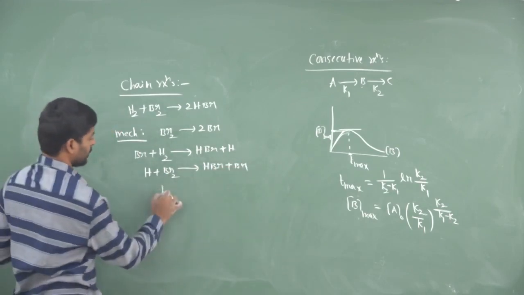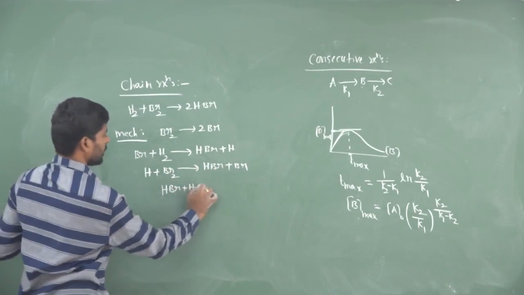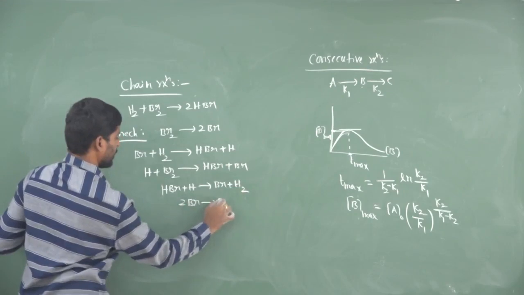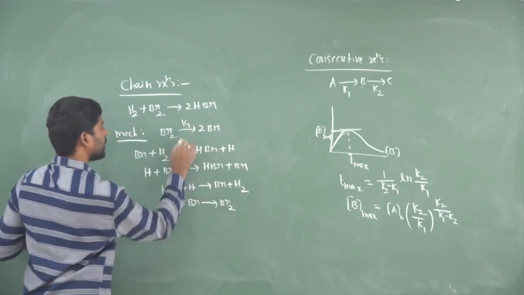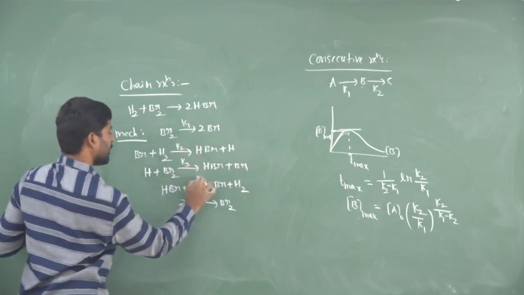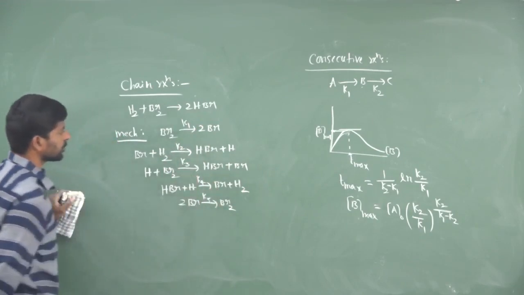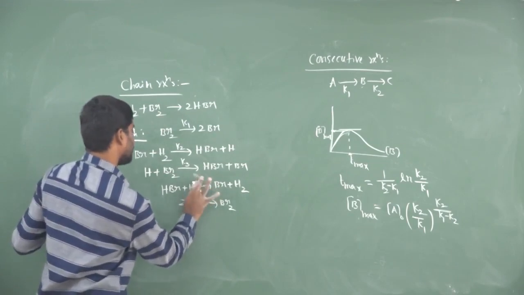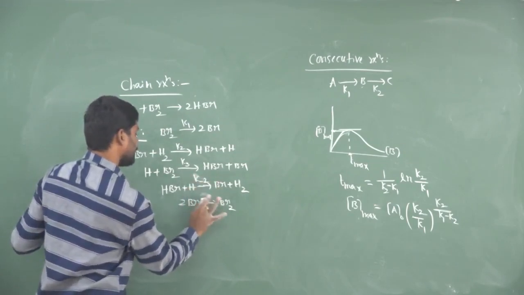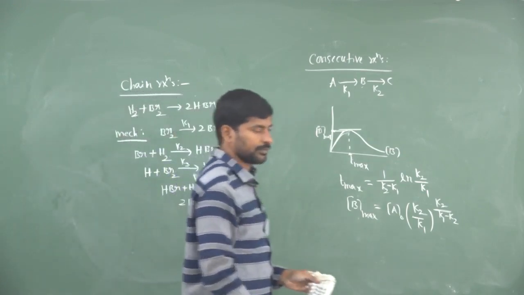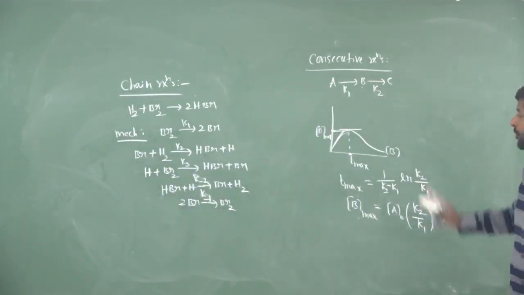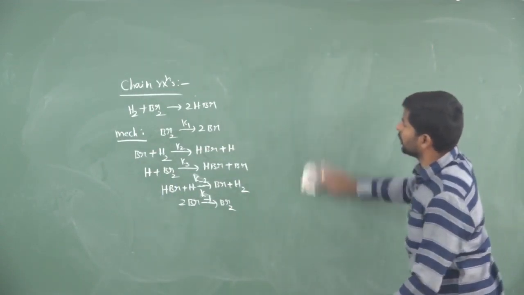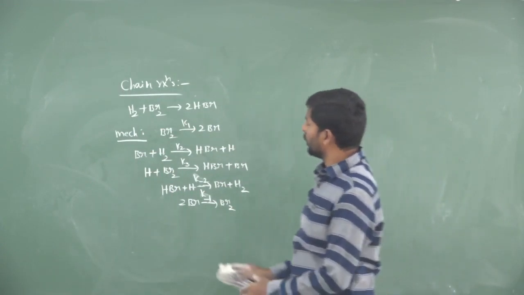For example, if you take rate constants K1, K2, K3, K4, K5. Here we have given the indication like this, K minus 2 is the reverse of second step, and K minus 1 is the reverse of first step. H2 Br2 reaction we have in our syllabus. So this is the mechanism.